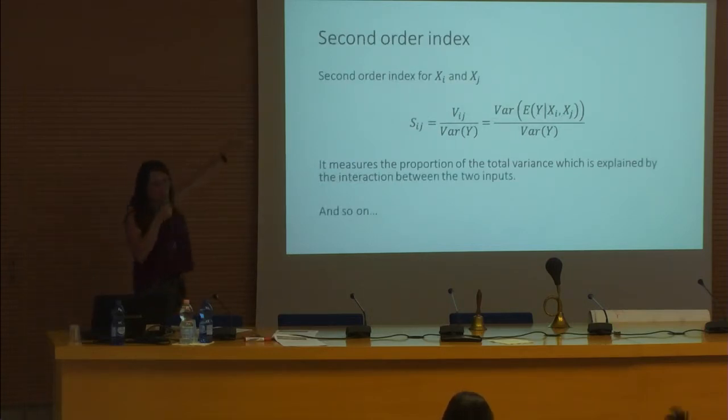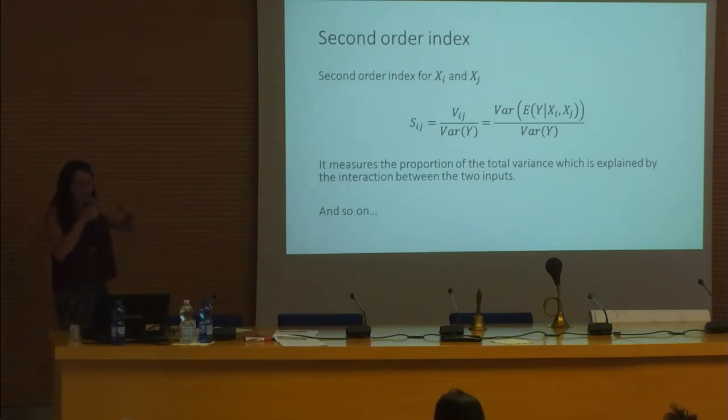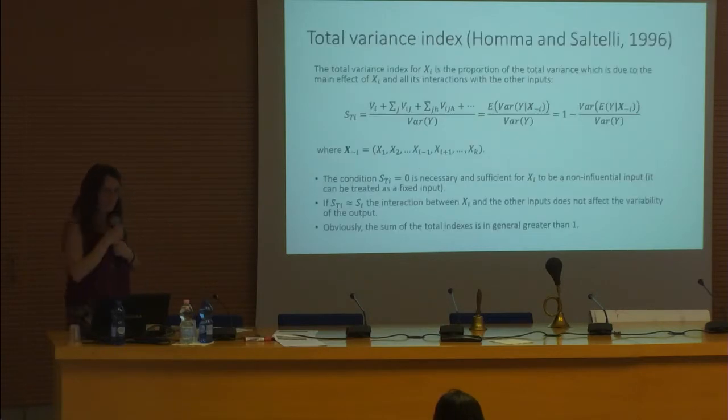If we consider the second order variances, we can calculate the second order indexes, and the second order index for xi and xj measures the proportion of the total variance which is due to the joint variation of xi and xj. So an interaction.